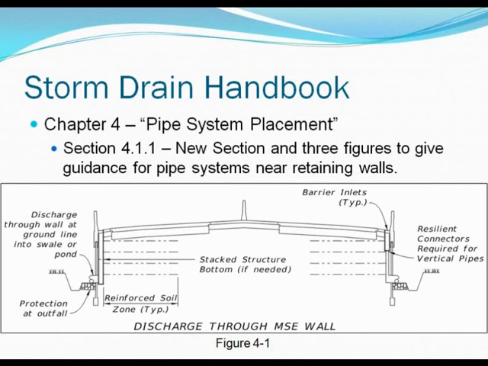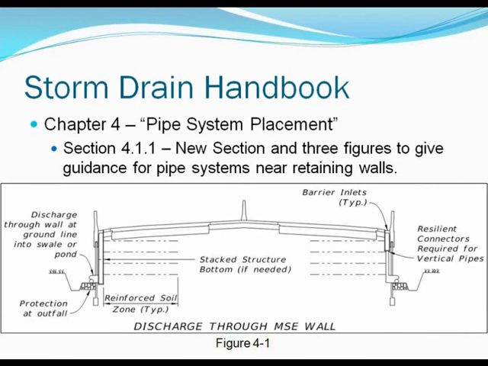Storm drain. Okay, our geotechs approached us with concerns about pipe leakage in the strap zone, knowing that they need to preserve the shear resistance between the straps and the soil, and that could be a problem if you had some significant leakage.